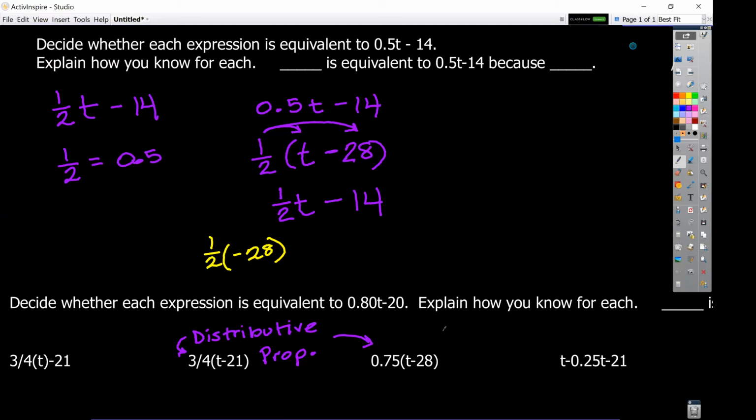So if we look at the third option, it says 0.75 times t, and also times negative 28. Well, that's the distributive property, but instead of a fraction, they're using the decimal version of a half.